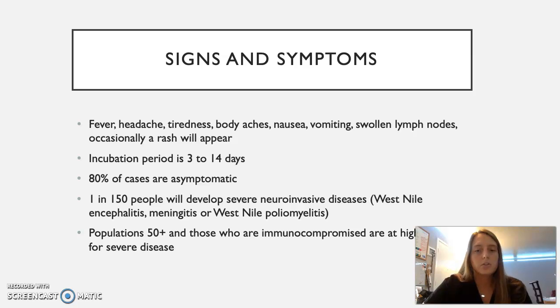The populations more affected by those neuroinvasive diseases are people 50 years or older, and those who are already high risk because they're immunocompromised from some other type of disease. The CDC said especially those who are immunocompromised from an organ transplant could develop a neuroinvasive disease from the West Nile virus.